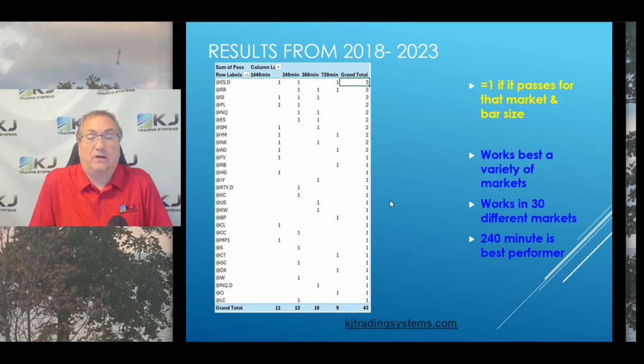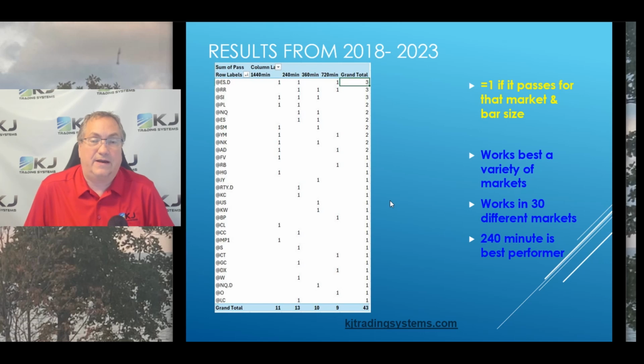And here are the results from 2018 to 2023, so that's 5 years. You can see that ES, the day session of ES, was the best. And then there are some other ones: silver, platinum, rough rice, the mini NASDAQ.